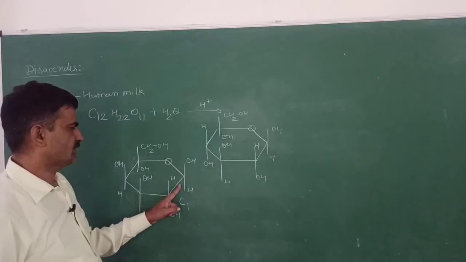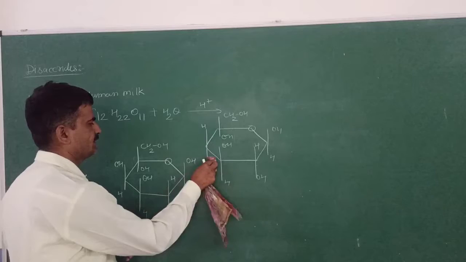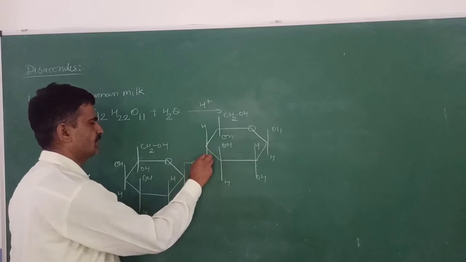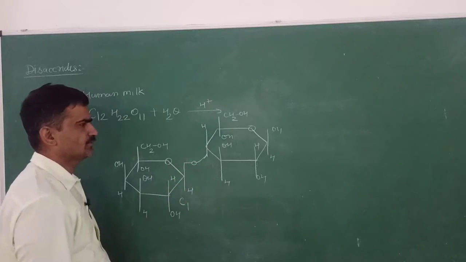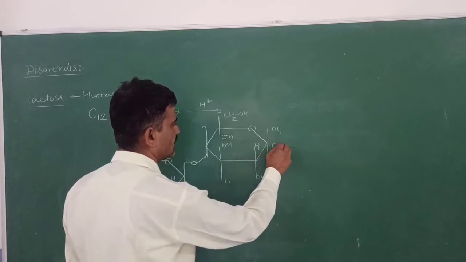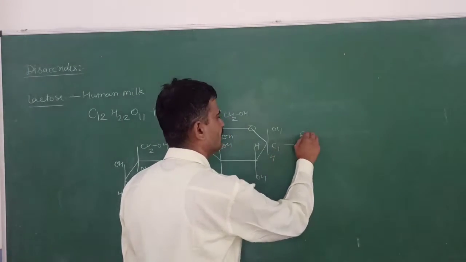This carbon number 1 and this carbon number 4 of the glucose unit get condensed and joined together by means of the glycosidic linkage. The C1 carbon of this glucose unit is free, so it is a reducing sugar.